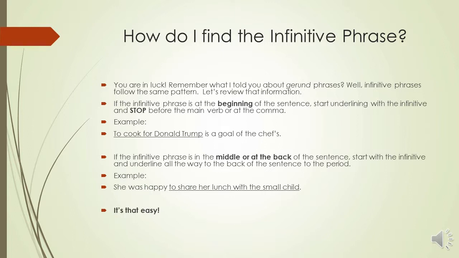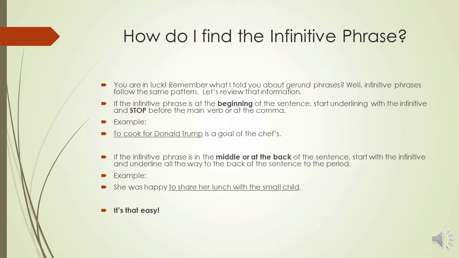If the infinitive phrase is in the middle or at the back of the sentence, same thing: start with the infinitive. This time, underline all the way to the back of the sentence until you get to the period. Let's look at an example. She was happy to share her lunch with the small child. First, I've got to find the infinitive, right?